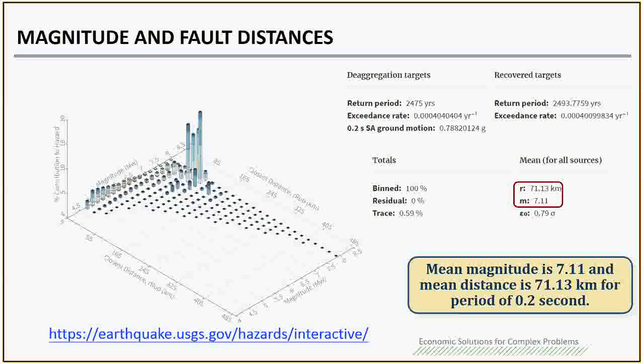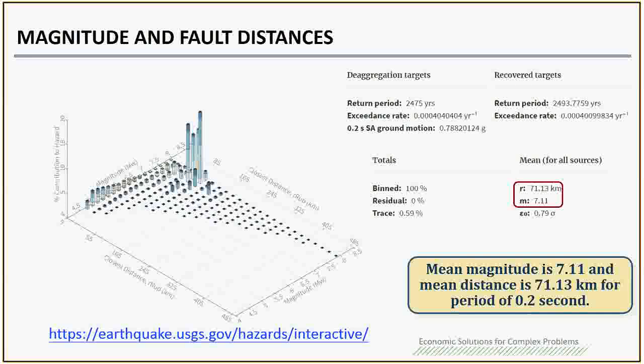One thing I want to remind you is that the deaggregation analysis is different for different periods. This case is for the 0.2 second period. So you also need to do a similar analysis for the period of 1 second.